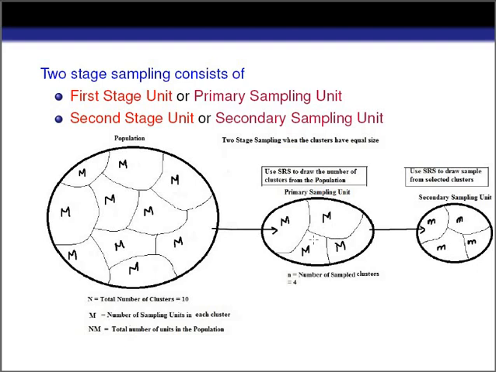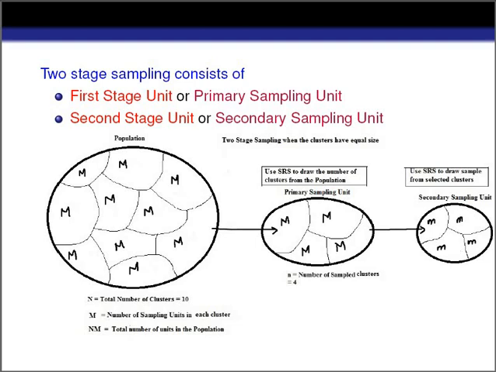Just after this primary sampling unit, we take a sample from each of the selected clusters by using simple random sampling, which we have done in stratified random sampling. In stratified random sampling, from each of the strata we take our sample by using simple random sampling.